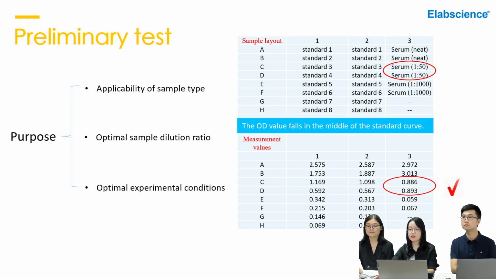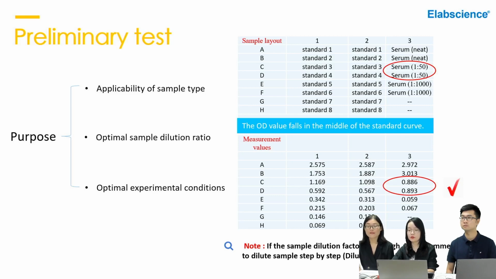It also avoids the waste of energy, material, and financial resources caused by blind experiments. And note, if the sample dilution factor is too high, it's recommended to dilute the sample step by step, and the maximum dilution cannot be more than 100-fold.